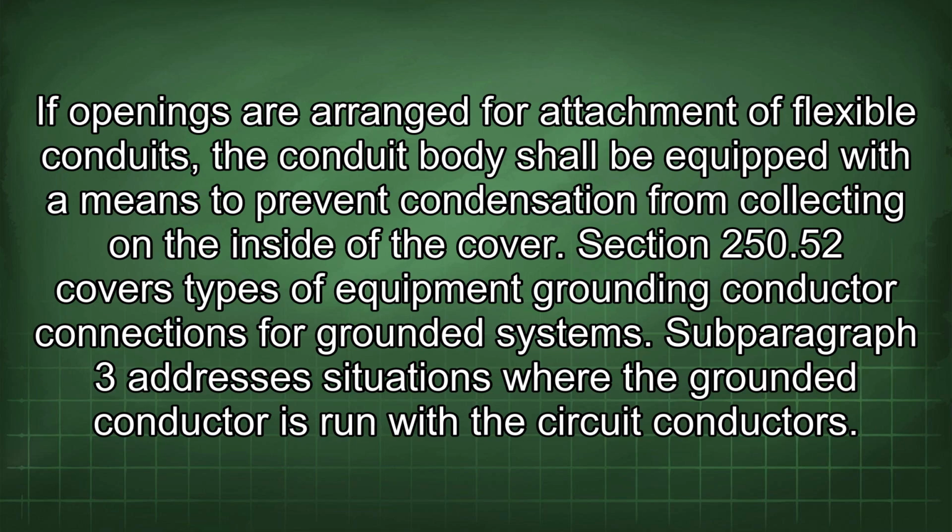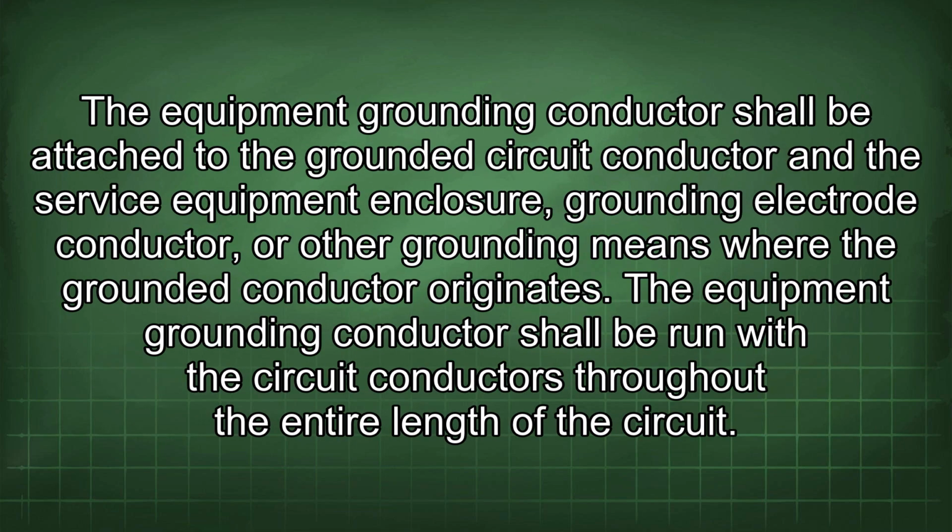Section 250.52 covers types of equipment grounding conductor connections for grounded systems. Subparagraph 3 addresses situations where the grounded conductor is run with the circuit conductors. The equipment grounding conductor shall be attached to the grounded circuit conductor and the service equipment enclosure, grounding electrode conductor, or other grounding means where the grounded conductor originates. The equipment grounding conductor shall be run with the circuit conductors throughout the entire length of the circuit.